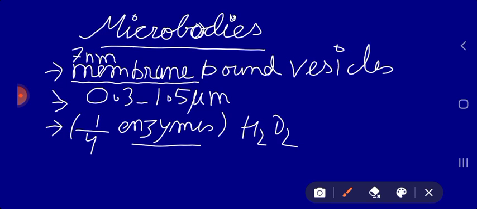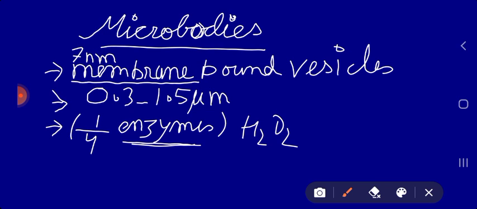About 1/4 portion of the microbodies contains enzymes, and these enzymes protect the cell from potentially dangerous accumulation of hydrogen peroxide. They contain different enzymes, not only one type, which catalyze specific types of oxidative reactions.